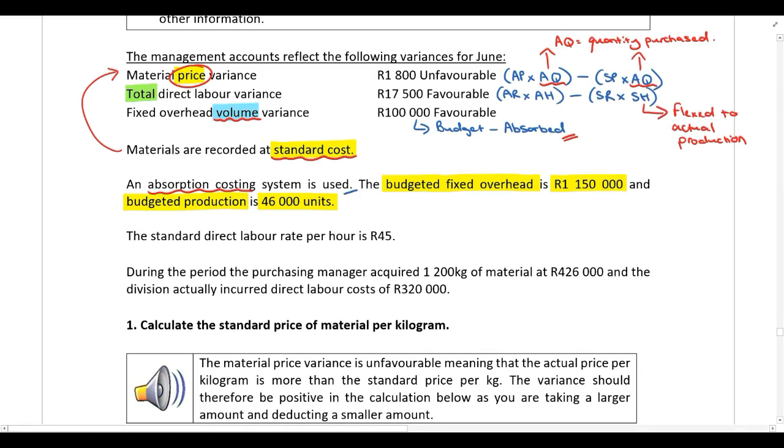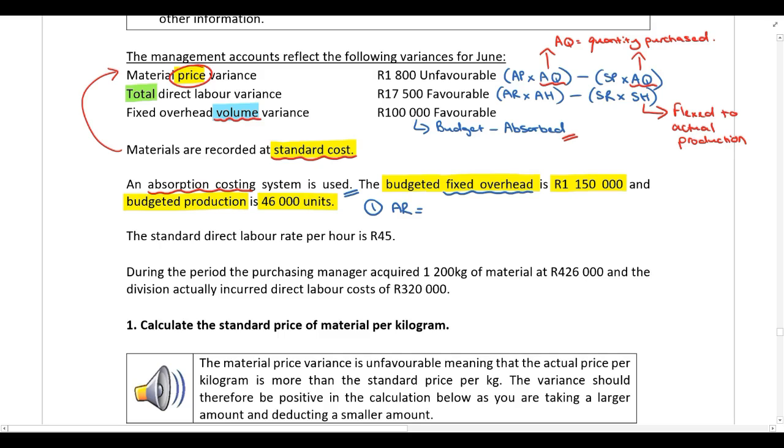So if absorption costing is being used, that means the fixed overhead needs to be allocated to products. We need to include the fixed overhead in the value of inventory. So you'll remember I've given you 4 steps that you need to work through when it comes to allocating fixed overheads to products. First, in step 1, we calculate an allocation rate.